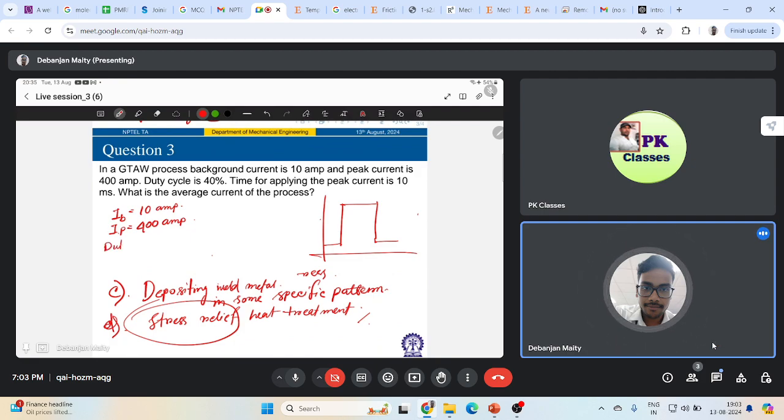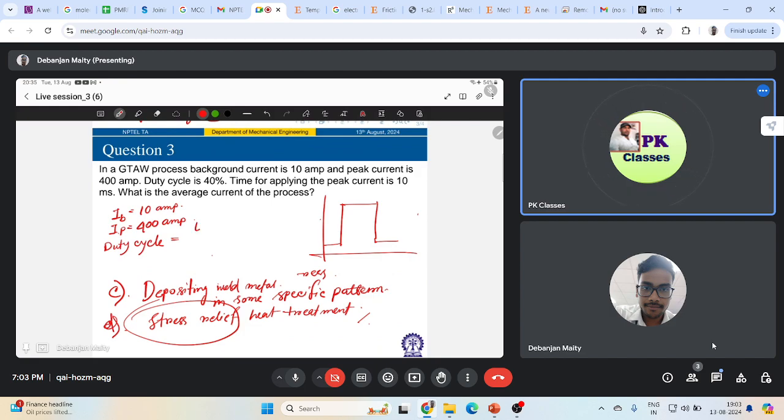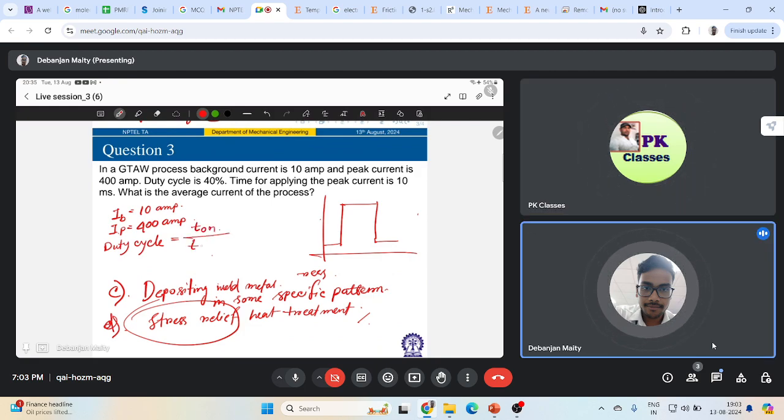Duty cycle is defined as T on by T on plus T off. But over here, it's not exactly off time. This is background time. So I'll be using it as T peak by T peak plus T background. This is given as 0.4, right?